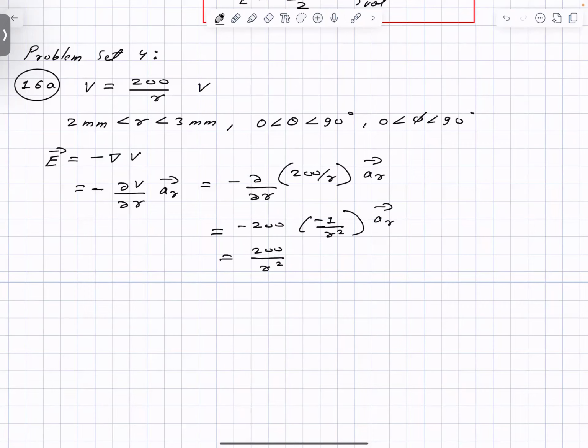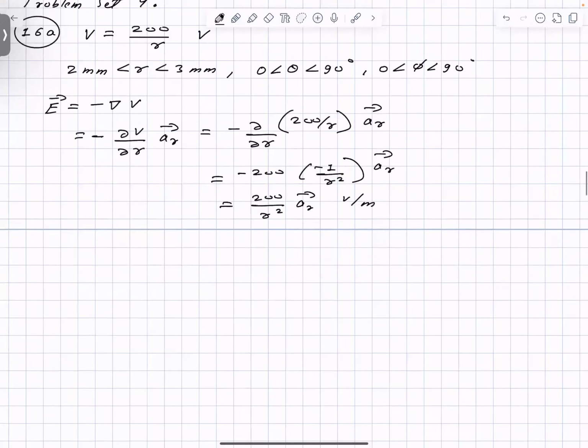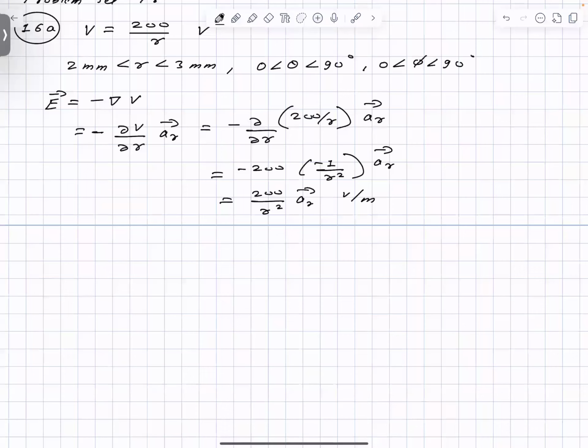So 200 by R squared a_R, in volts per meter, is the electric field intensity. That is the total electric field intensity. All we need is the magnitude, so the magnitude equals 200 divided by R squared.